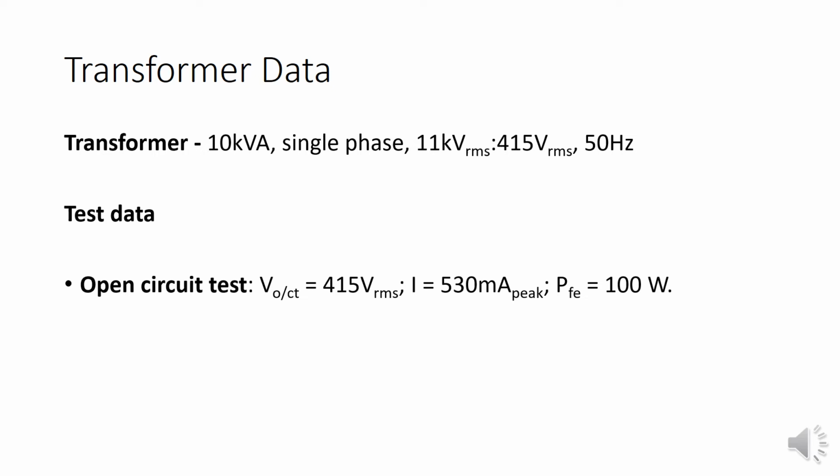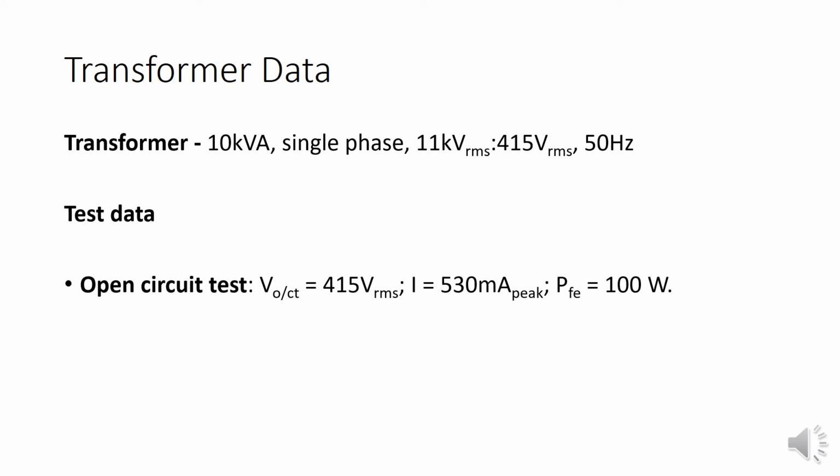When you open circuit the output at the secondary, the voltage is 415 volts RMS.